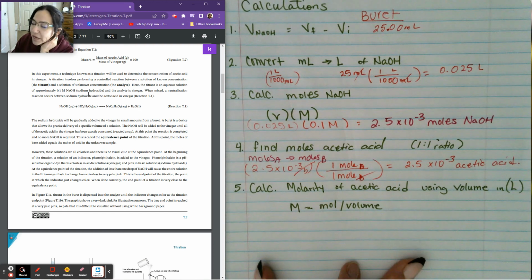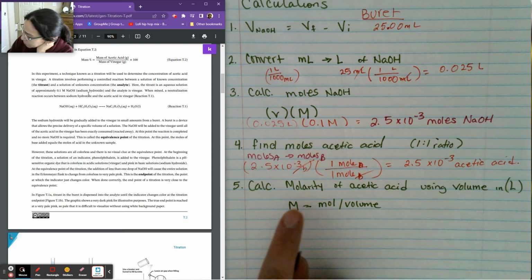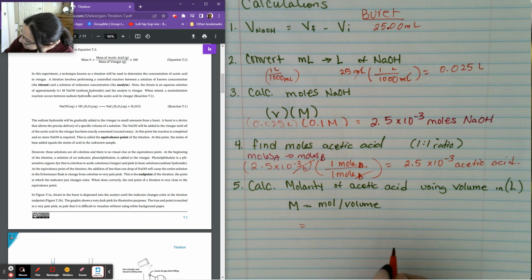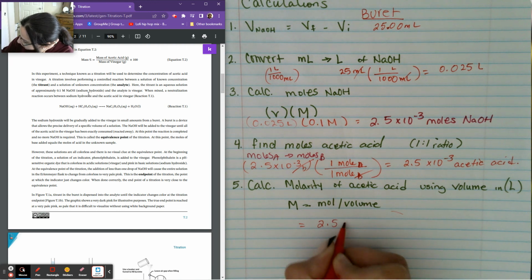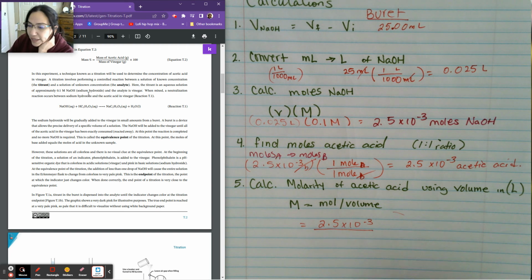All right, last but not least, we need to calculate the molarity of acetic acid using the volume and our moles. Okay, so molarity is equal to the moles of acetic acid, which we calculated as 2.5 times 10 to the negative third, divided by the volume of acetic acid that was used.